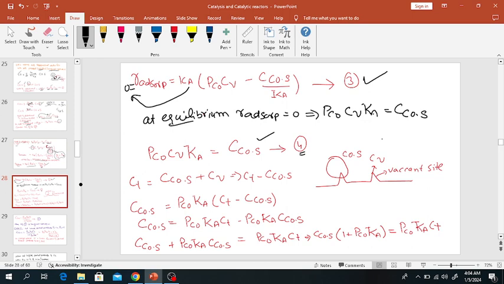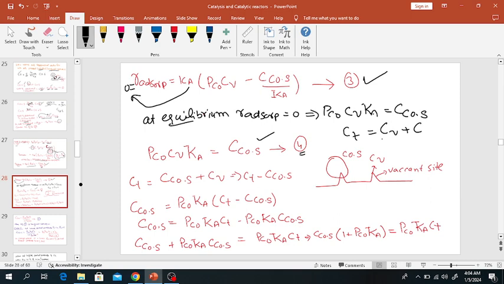Now we will write the site balance. The site balance is nothing but it shows us the number of sites. So the total number of sites is equal to the vacant sites plus the sites on which the atoms are adsorbed.